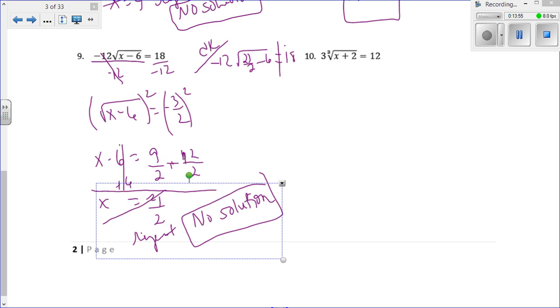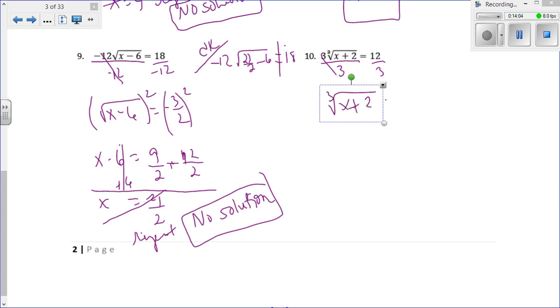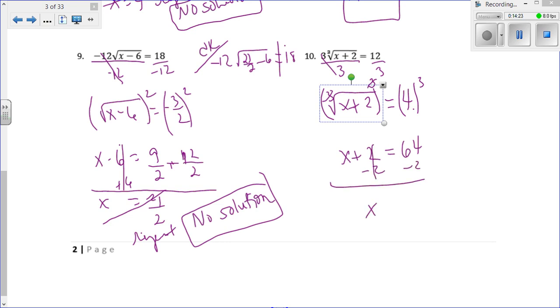For number 10, we have the same situation, except this time it'll work out a little nicer for us. We will get 4 when we divide, and then we need to cube both sides. So we will have x plus 2 equals 64, minus 2, and we'll get 62.